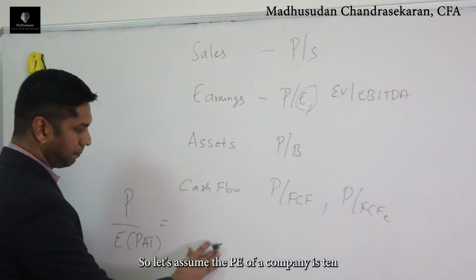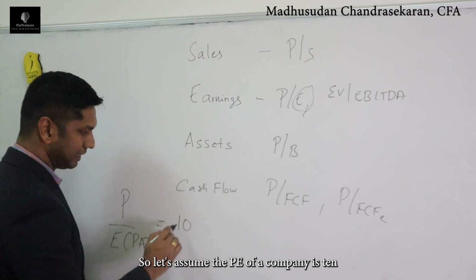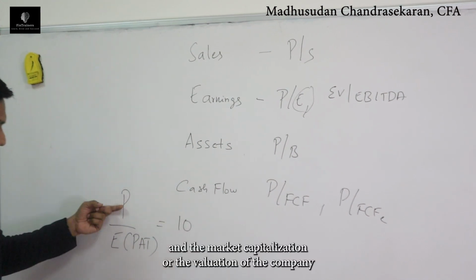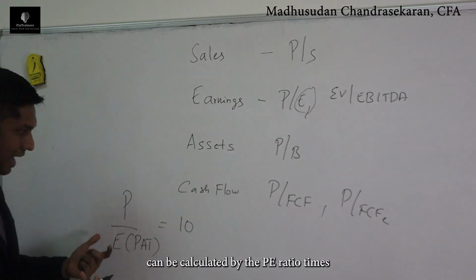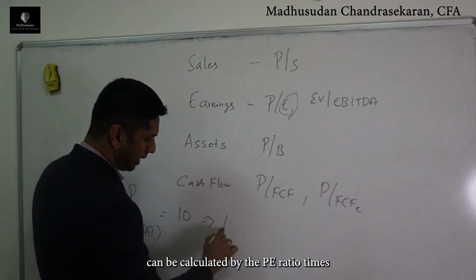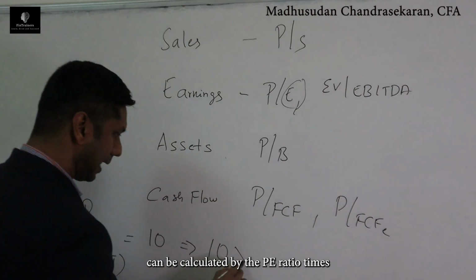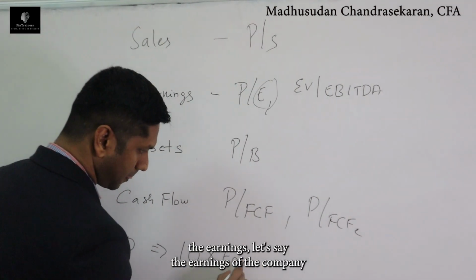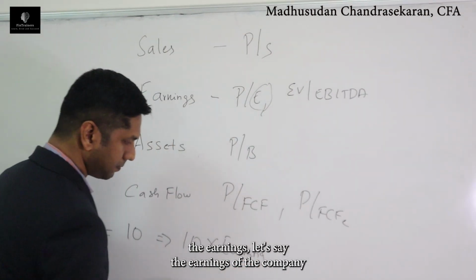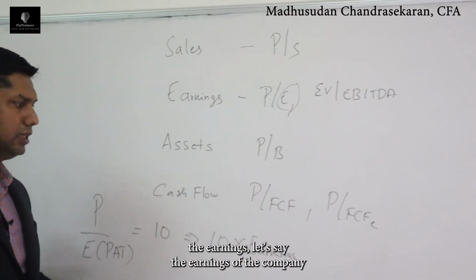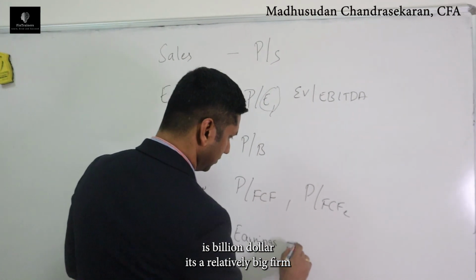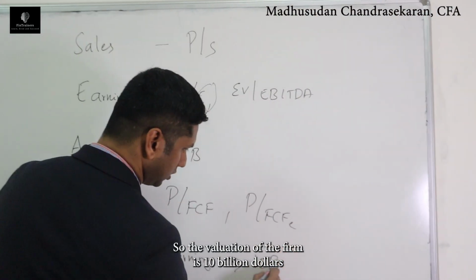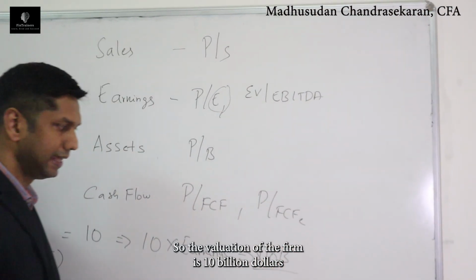So let's assume the PE of a company is 10, and the market capitalization or the valuation of the company can be calculated by the PE ratio times the earnings. Let's say the earnings of the company is $1 billion. It's a relatively big firm. So the valuation of the firm is $10 billion.